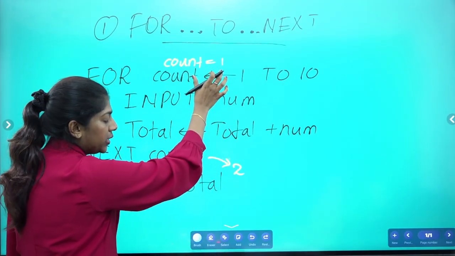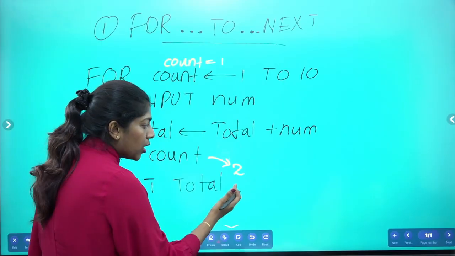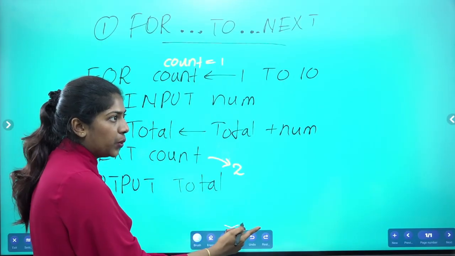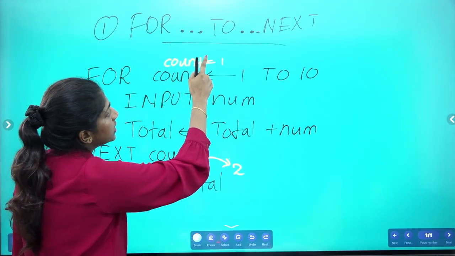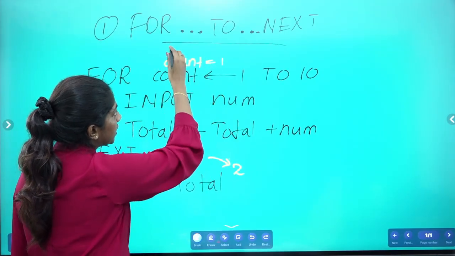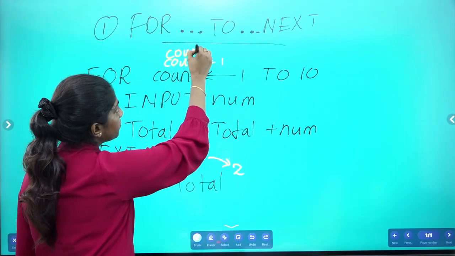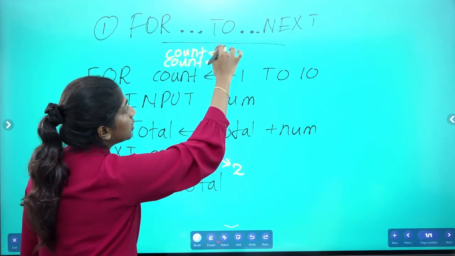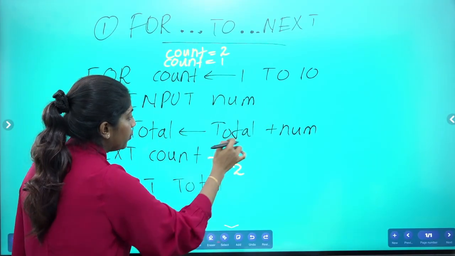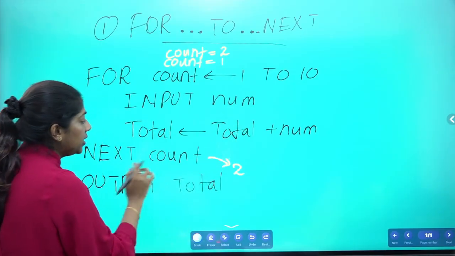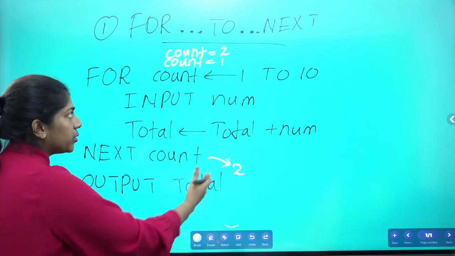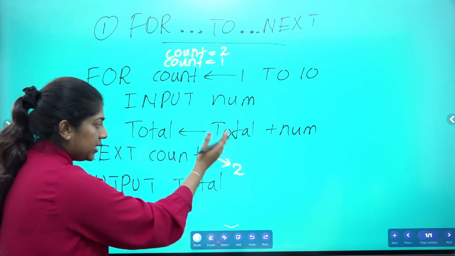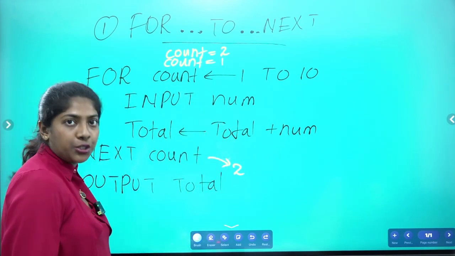Currently we are in 1, and now next count means it is going to the second one. So second time also it will come here, count equals 2 now. It will go inside the loop and perform these instructions, and then it will go to the next count. Likewise this will run 10 times, and at the end it will output the total.